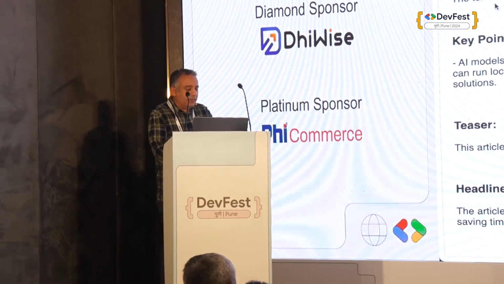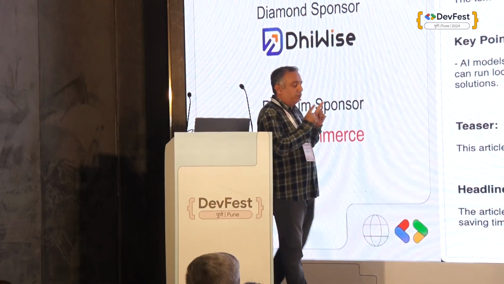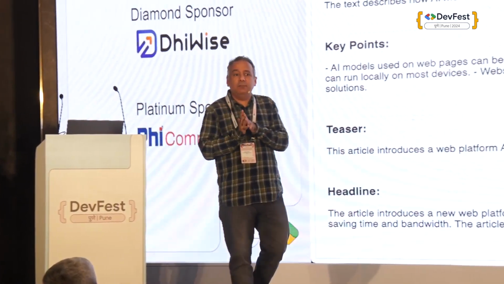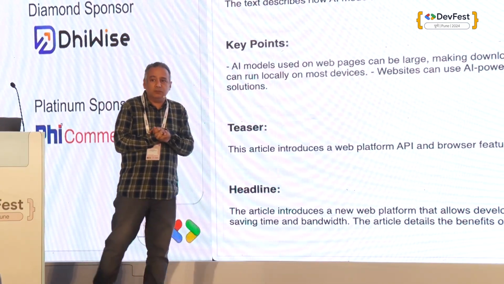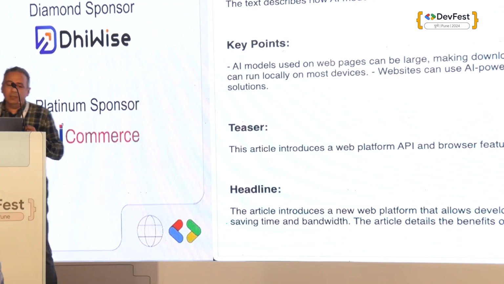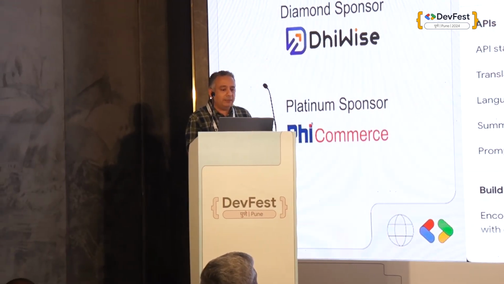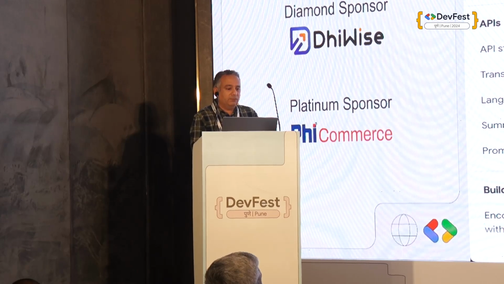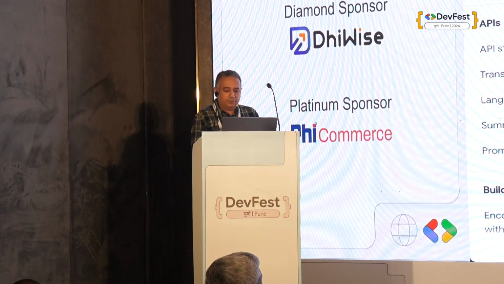And again, a better example of this which I wanted to show was, these APIs are also available for your Chrome browser extensions. So if any of you are writing Chrome browser extensions, these APIs are available. So as an example, say this is a website that I am at, and I've written a Chrome extension which can, for example, let's take this and right-click, and you see this summarize.